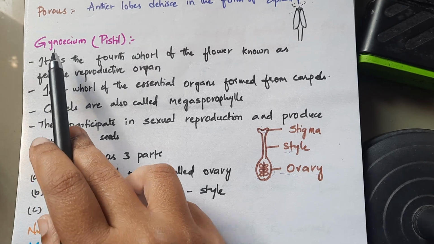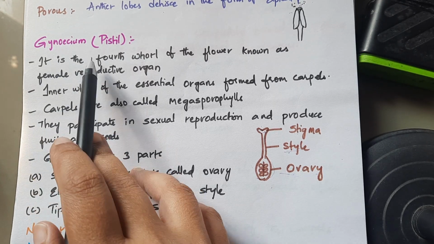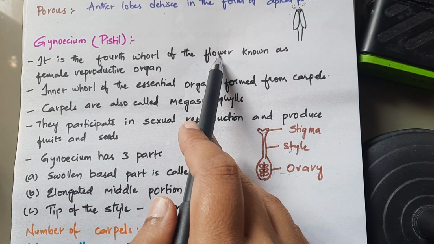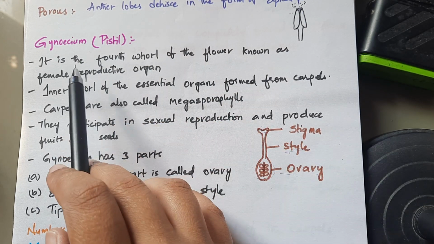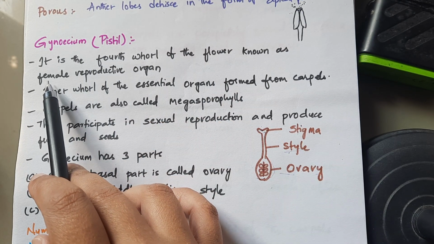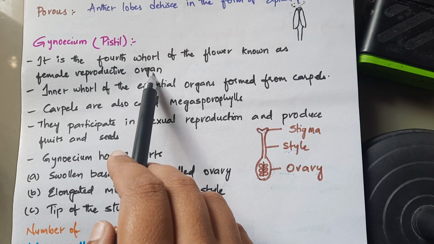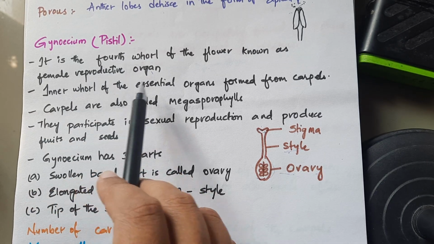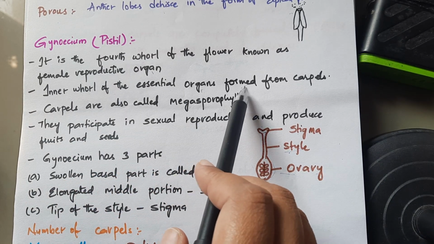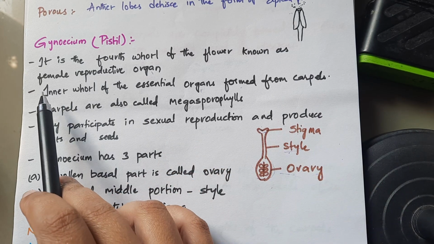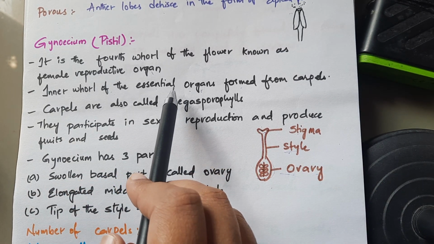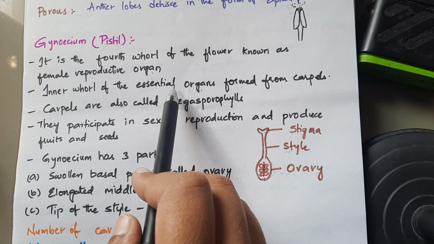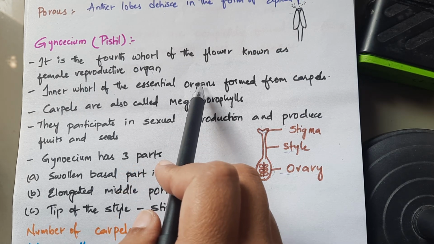Coming to the description, it is the 4th whorl of the flower. The 4th whorl is known as the gynoecium or the pistil, which is also known as the female reproductive organ. It is the inner whorl of the essential organs, formed from the carpels. What do we mean by inner whorl of essential organs? There are 2 essential organs, androecium and gynoecium.